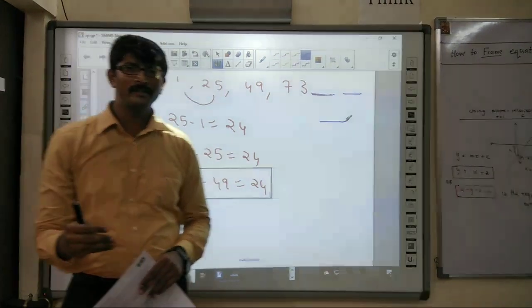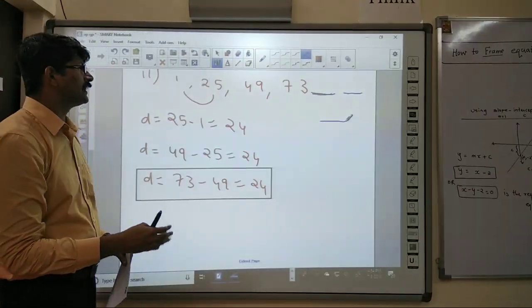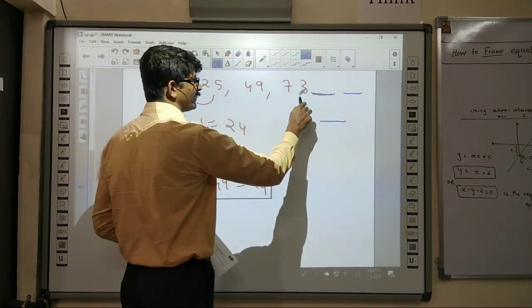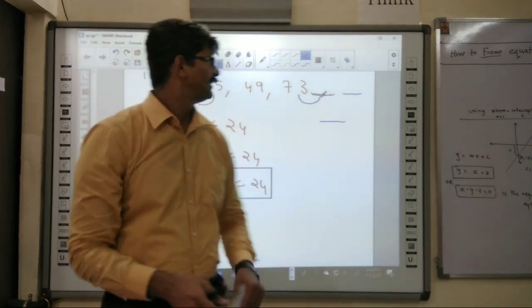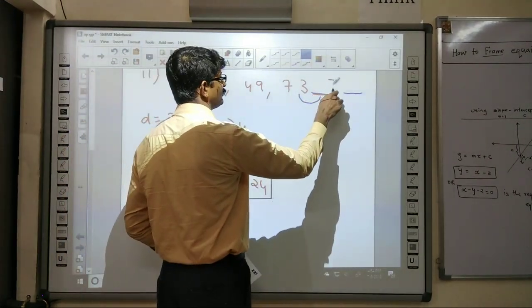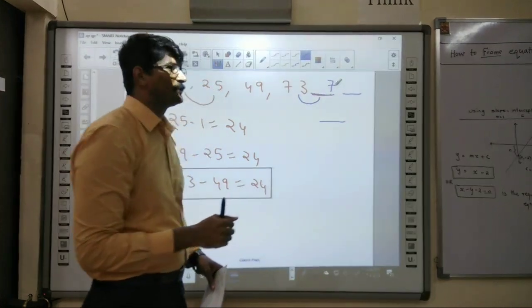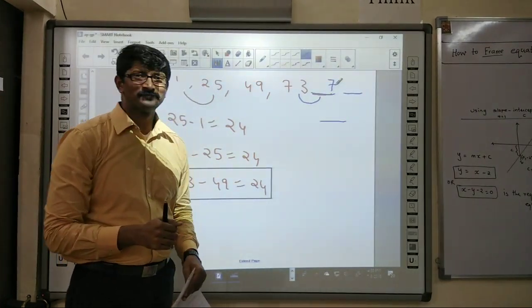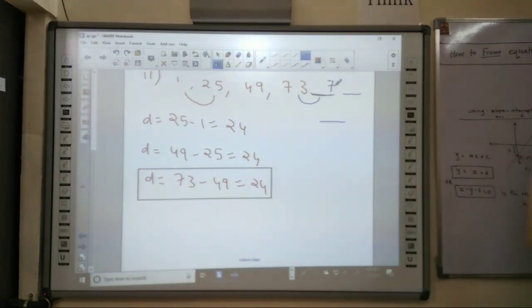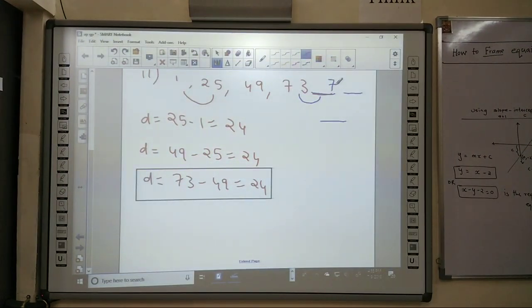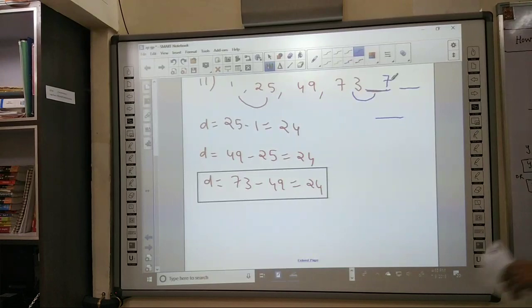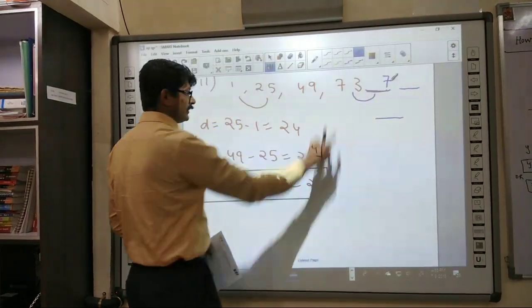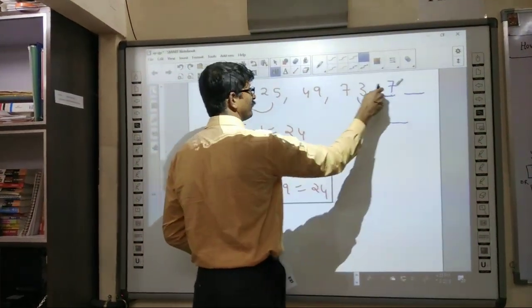Student, it's very simple. How will you find the next 3 terms? Add over here 73 plus 24. 73 plus 24. Can someone add it quickly? 4 plus 3, 7, and 2 plus 7, 9.